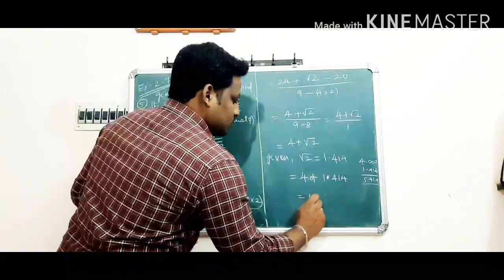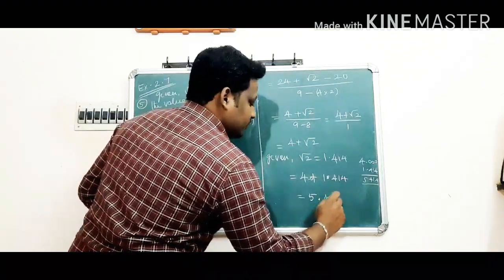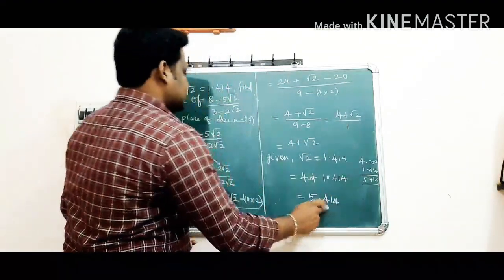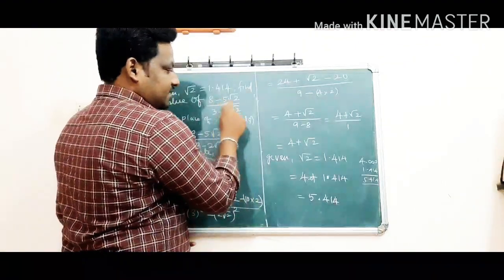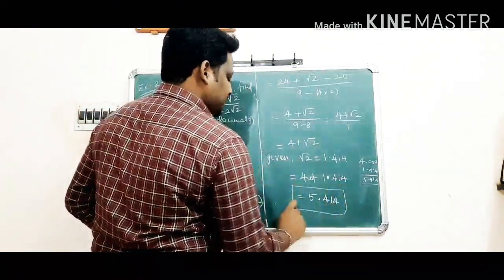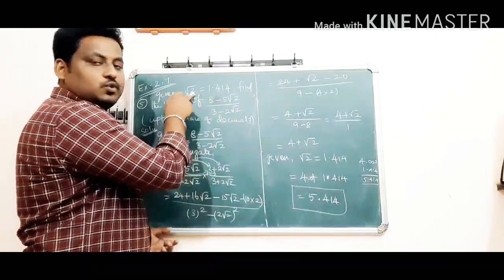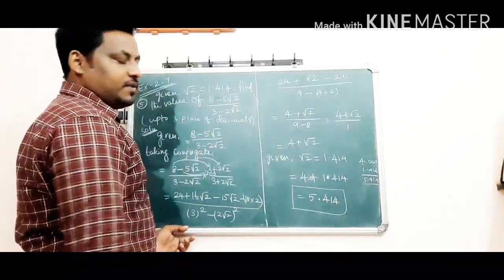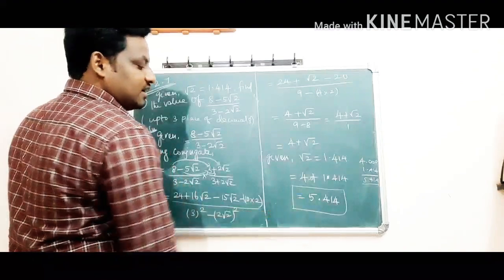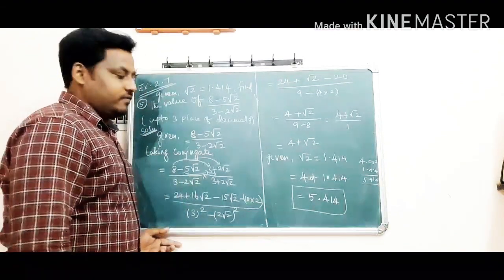So that is equal to 5.414. So this is the value of 8 minus 5 root 2 divided by 3 minus 2 root 2, if root 2 value is 1.414, the final value is 5.414.